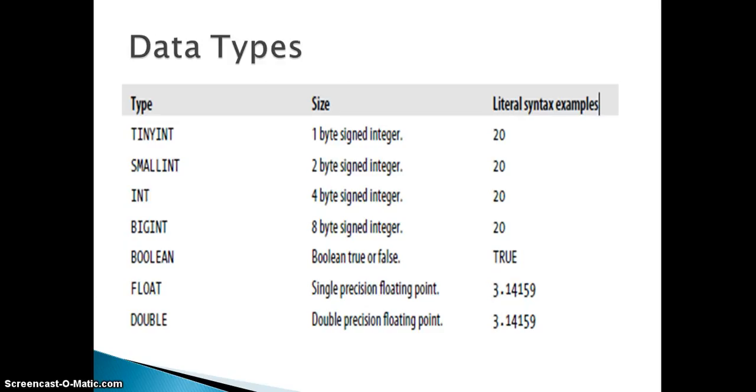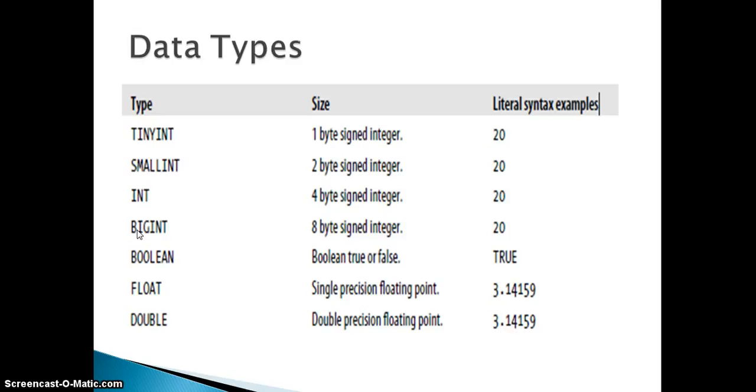now let's look at all the data types that are available in Hive. You have something like smallint, tinyint, and bigint, because we'll be using very huge data when it comes to larger data sets in Hadoop.